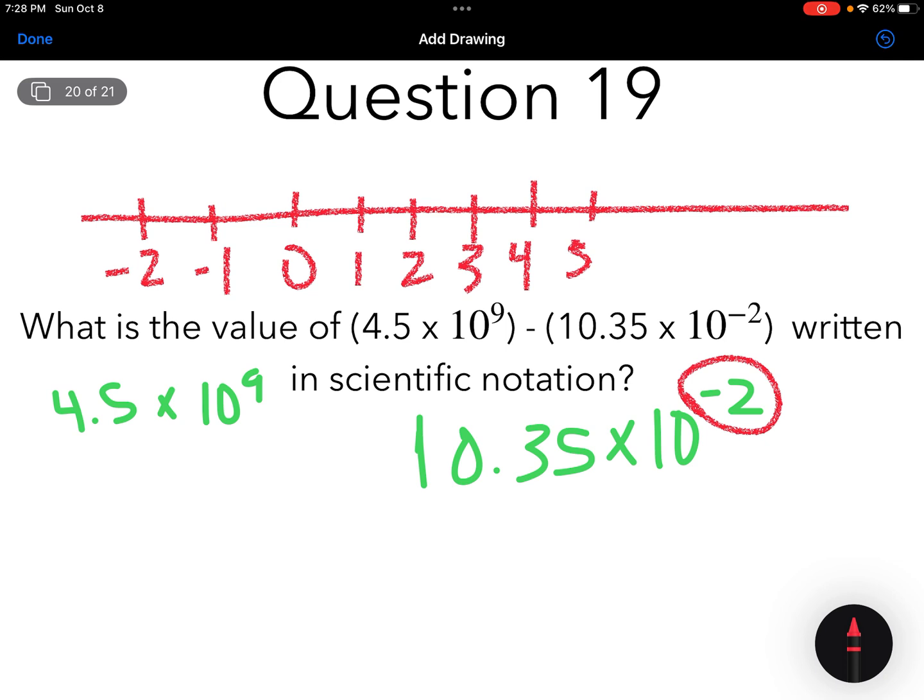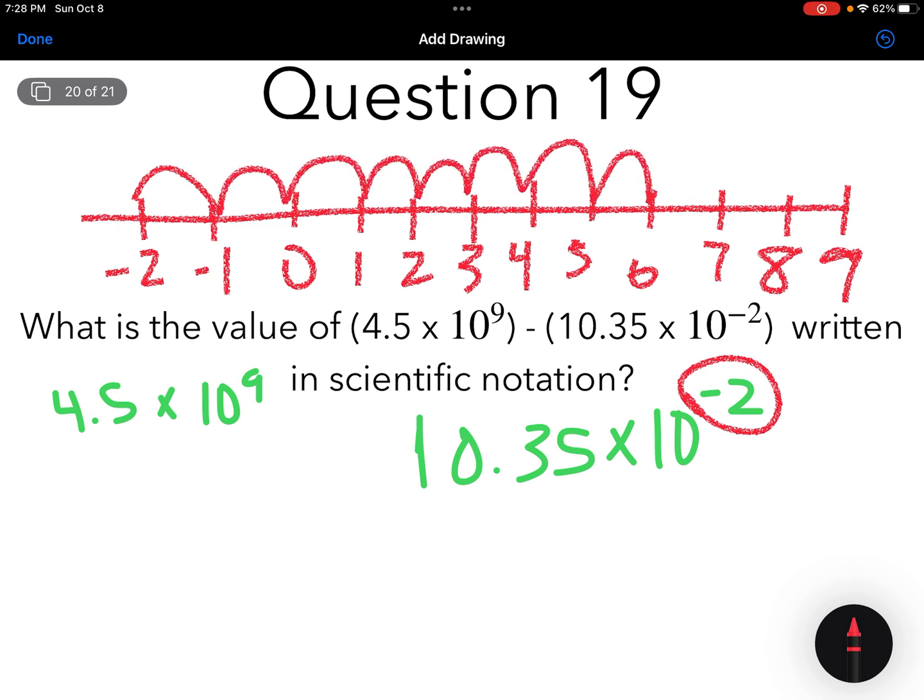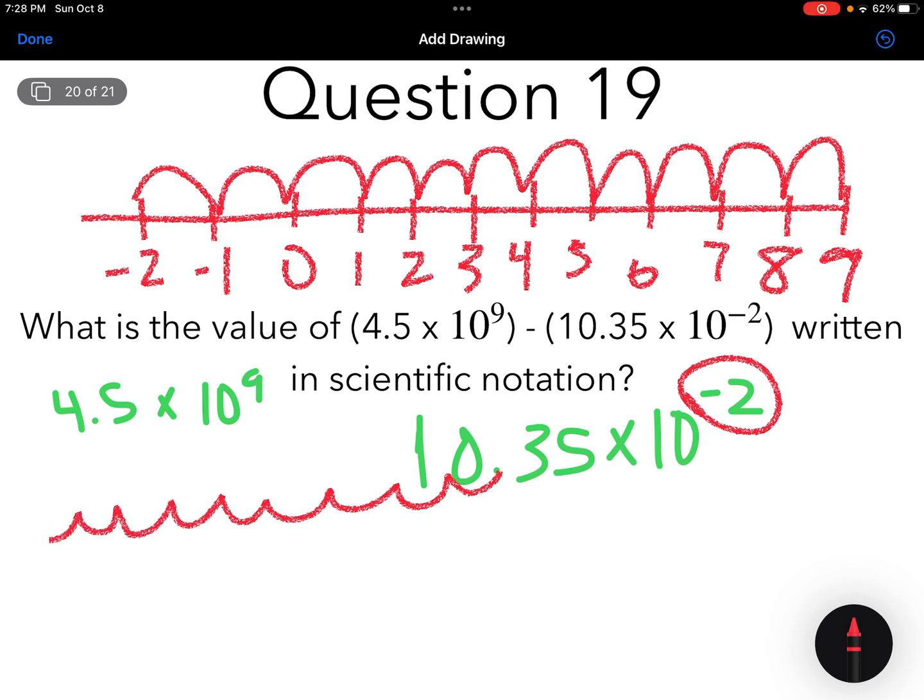This is more than just what I can do in my head. Okay, so that's 1, 2, 3, 4, 5, 6, 7, 8, 9, 10, 11 jumps. So that's a lot of zeros in the front.